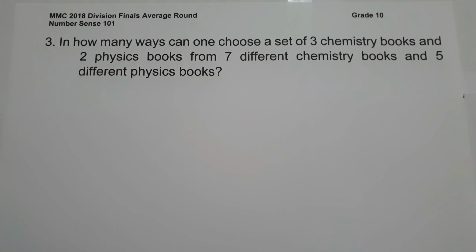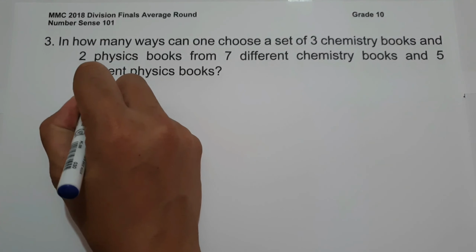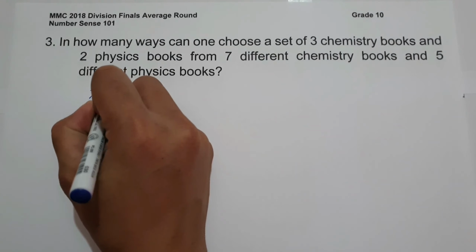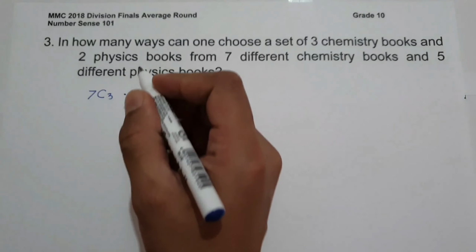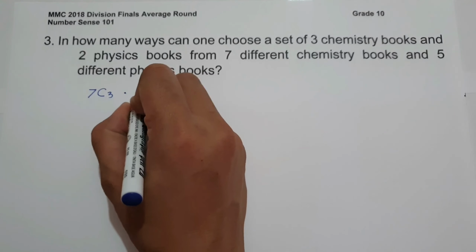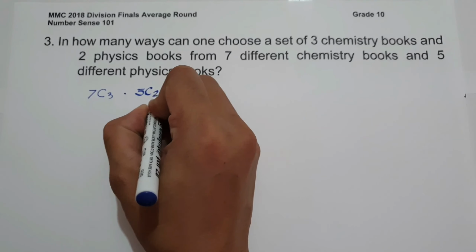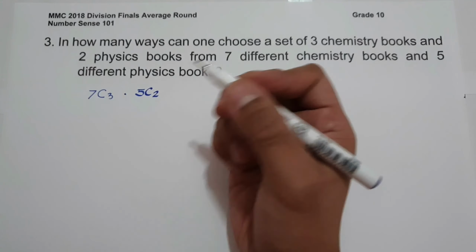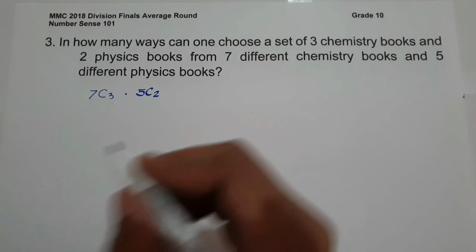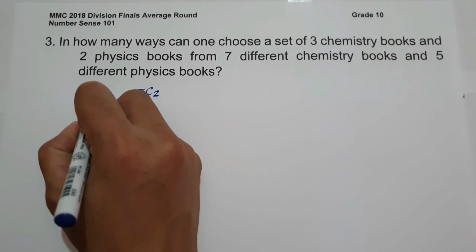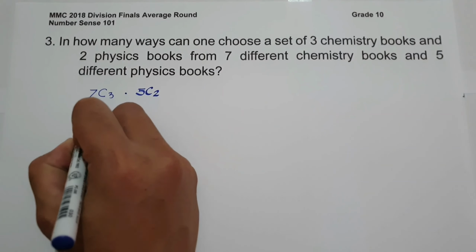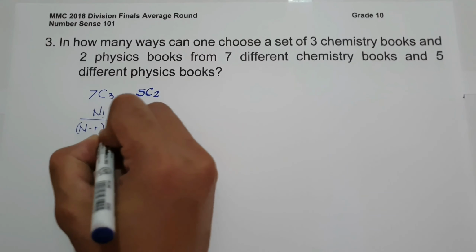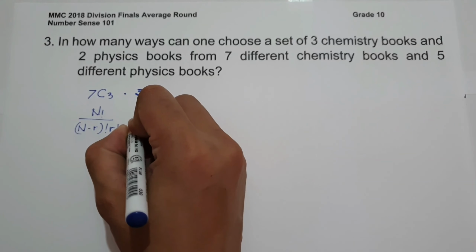Since we are choosing 3 out of 7 chemistry books, let us have 7 combination 3 for chemistry books, multiplied by 5 combination 2 for physics books. The formula for combination is n factorial over n minus r factorial times r factorial.